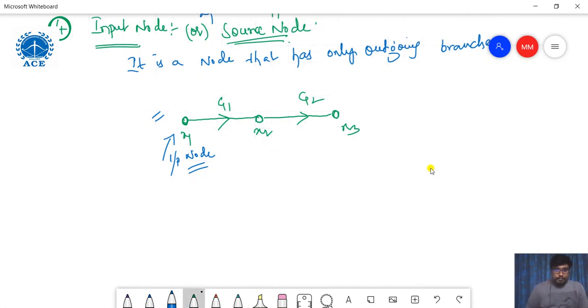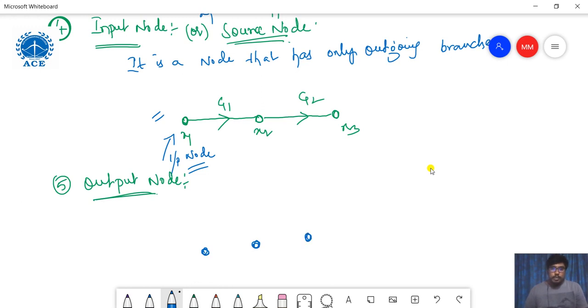Next one we'll see. The fifth one is the output node. Same definition almost. Output node means what? For example, if I consider this is node 1, node 2, node 3, it contains one branch, another branch, and another branch.